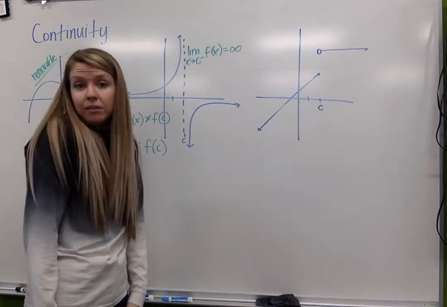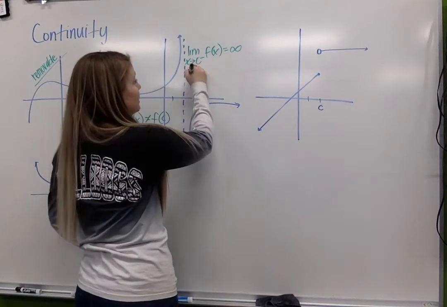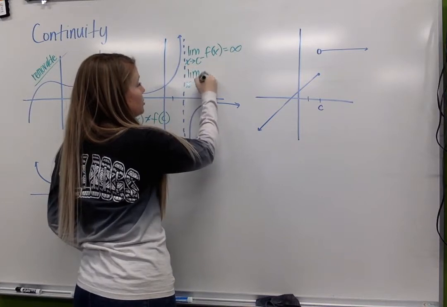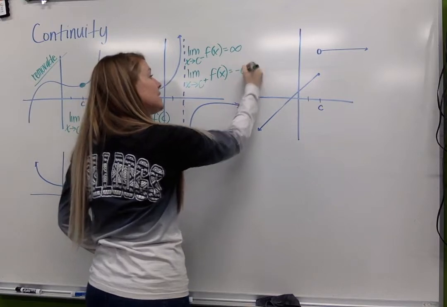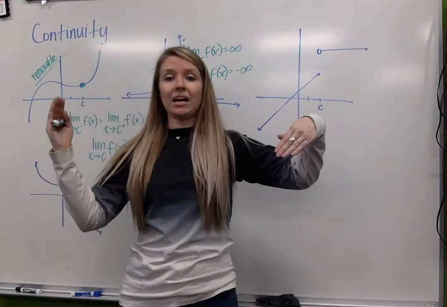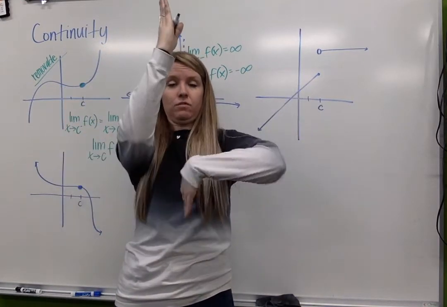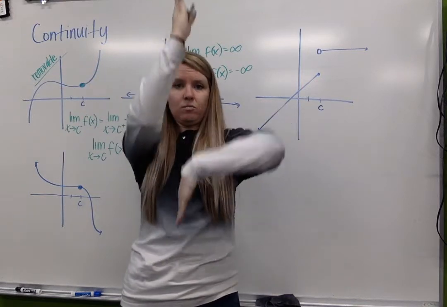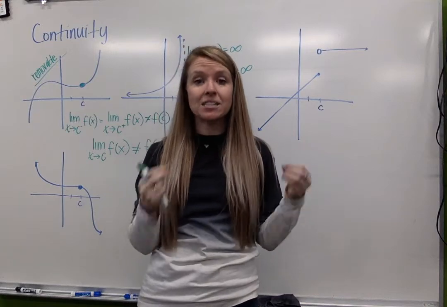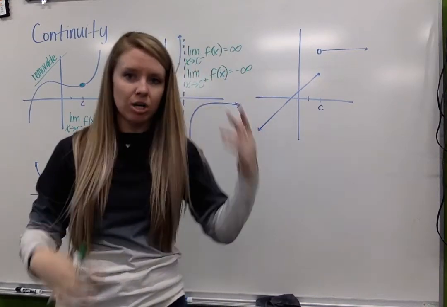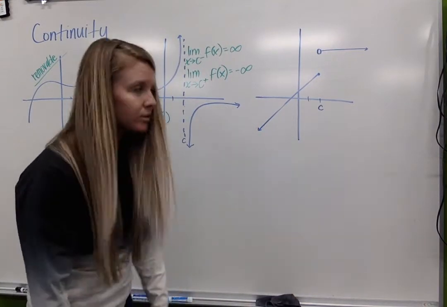The limit as x approaches c from the right is going to negative infinity. So we're actually seeing our graphs diverge. One's going to infinity, one's going to negative infinity. That's an asymptotic discontinuity, whatever word we want to use.